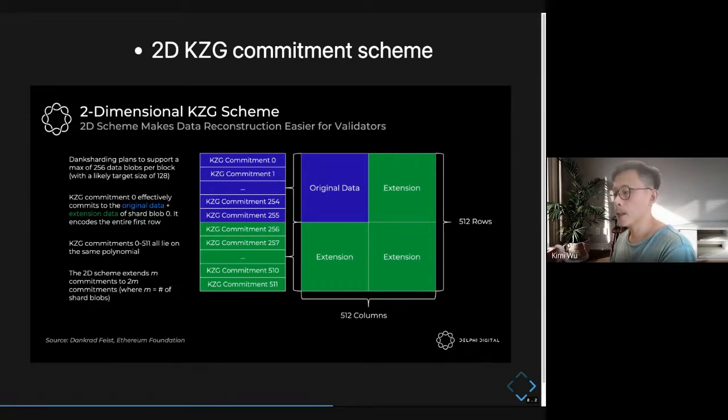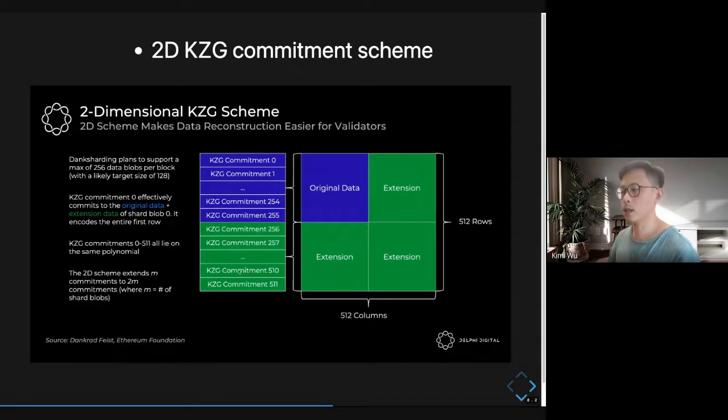So the idea is you can see there are 256 commitments, which means every shard has its own commitment. That will be much easier for a verifier to create a commitment because the data size is much smaller.